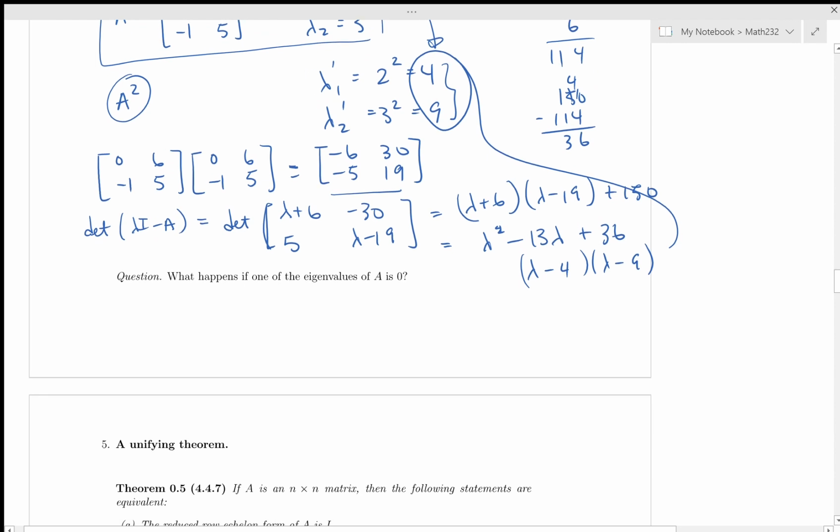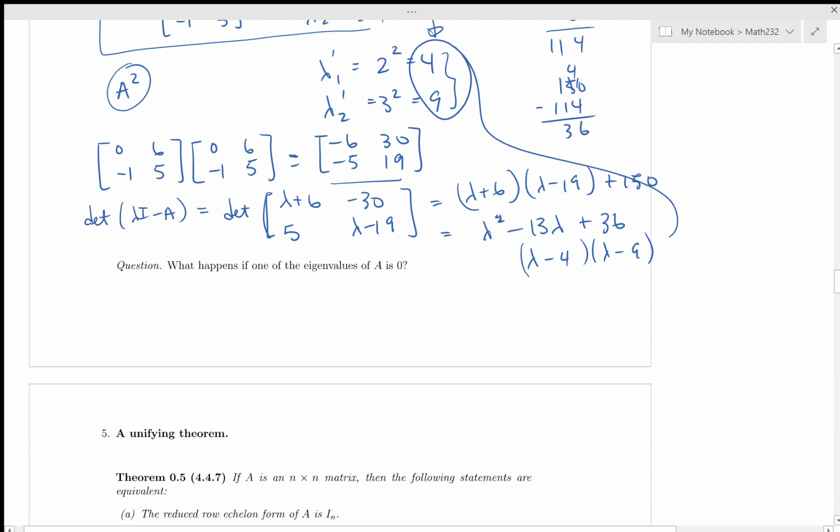Okay, what happens if one of the eigenvalues of A is 0? Let's think about what that would mean. This would mean Ax equals lambda x would be 0 because lambda would be 0.